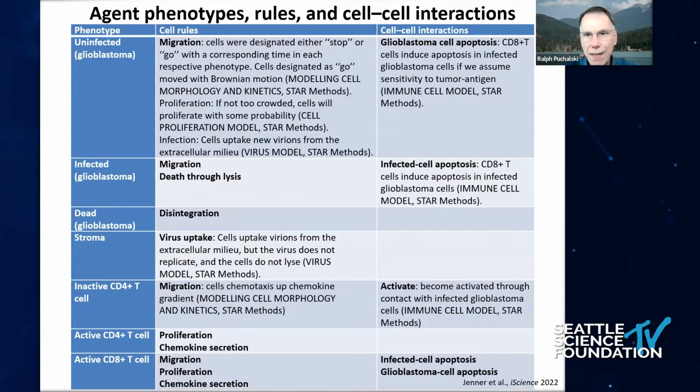So this table of agent phenotypes and rules and cell-cell interactions shows the extent to which we model the processes and what each agent underwent. So for example, the agents are uninfected cells, infected cells, dead glioblastoma cells, stromal cells, inactive CD4 T cells, active CD4 T cells, and active CD8 T cells.